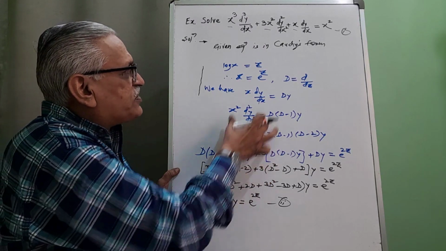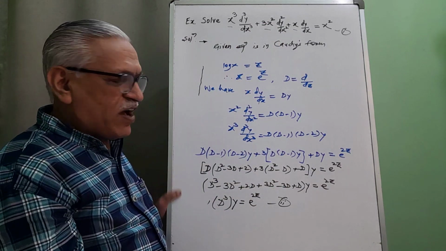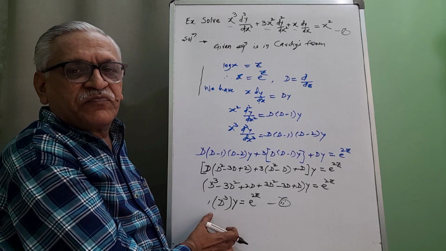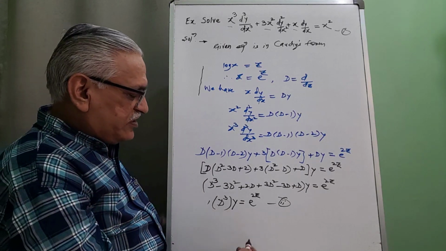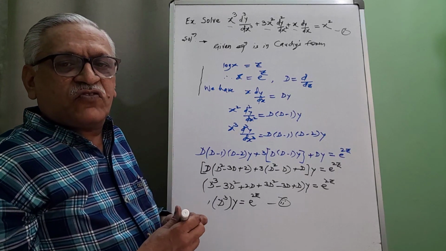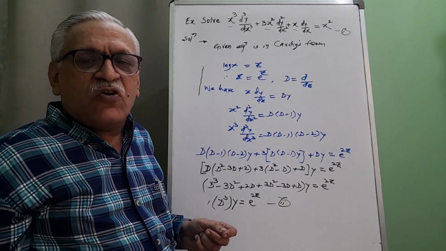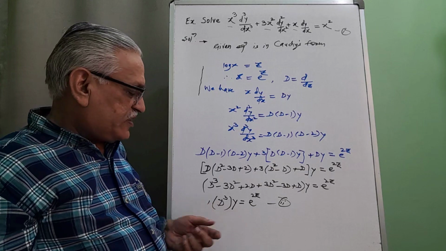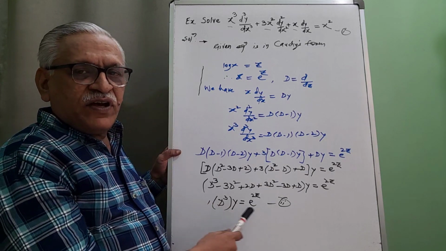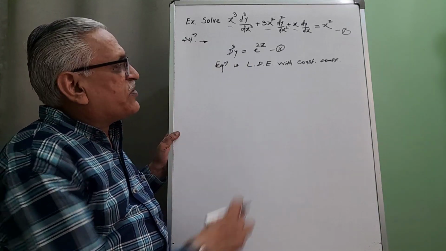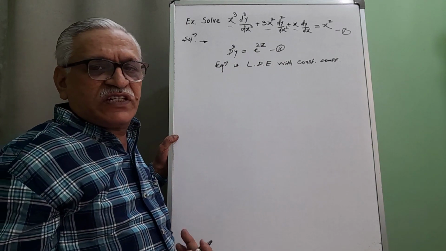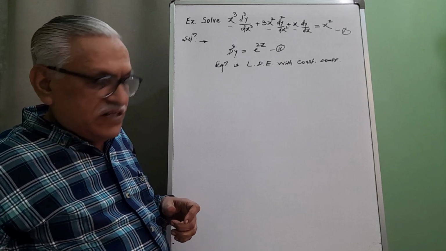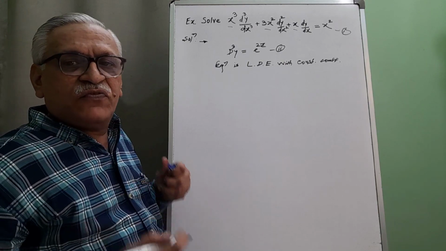Substituting all this in equation 1, after simplification we have a new equation. That new equation is an LDE with constant coefficient, and we know how to solve that by finding CF and PI.